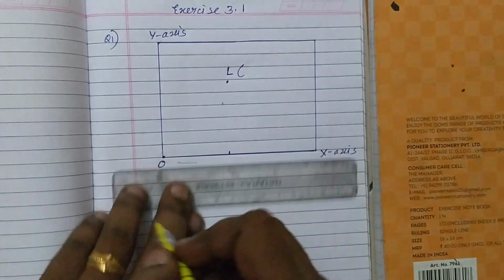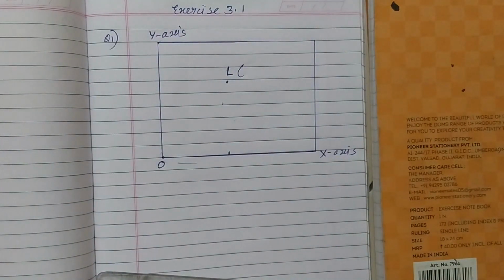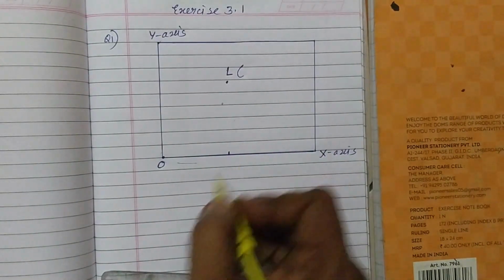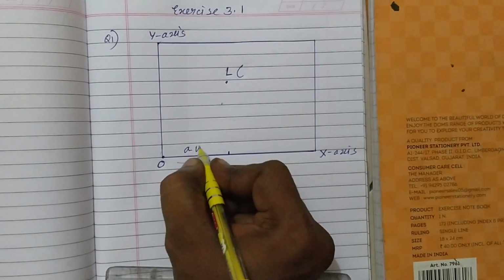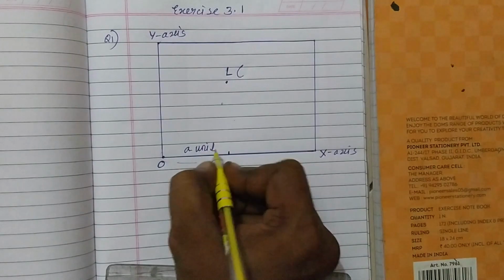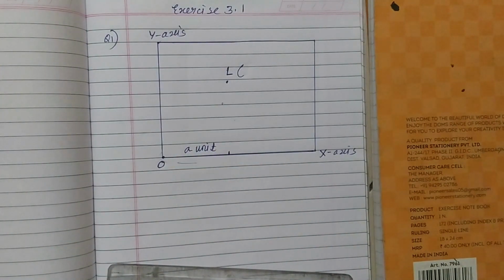Okay, so in the question they have not given the distance of that table lamp from the x or y axis. So here you have to assume that, suppose I am assuming it is a units. It can be any number you can say.